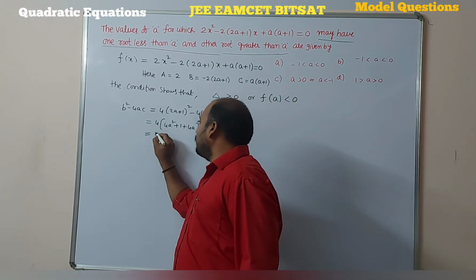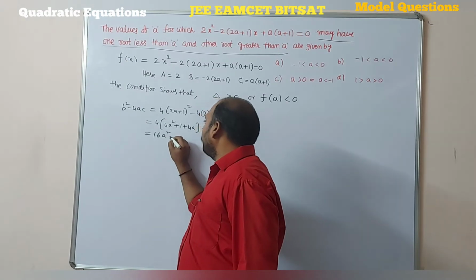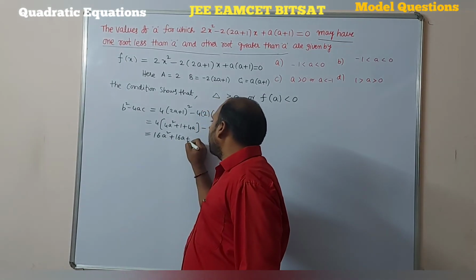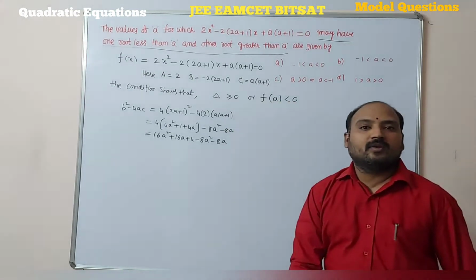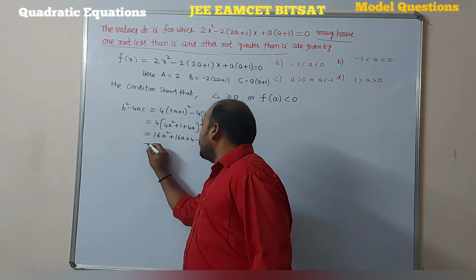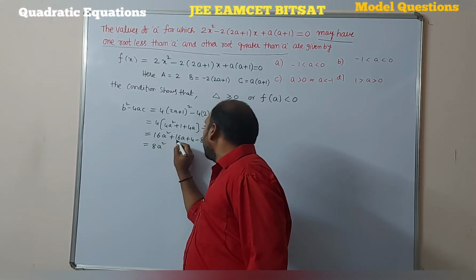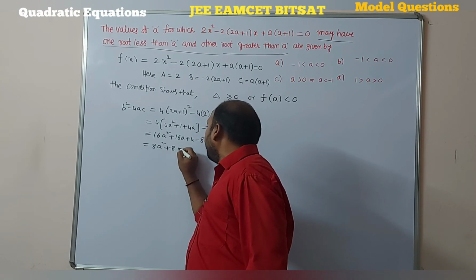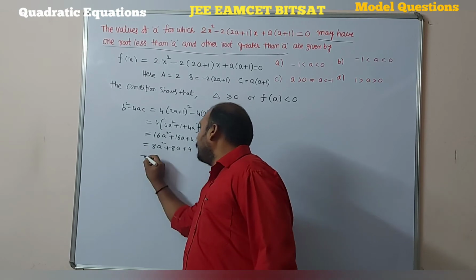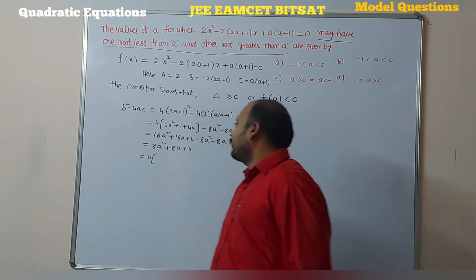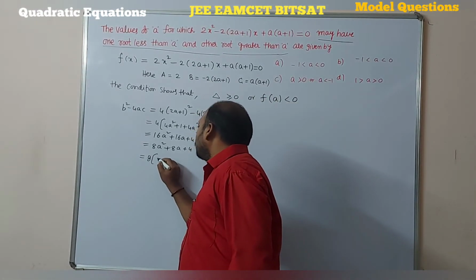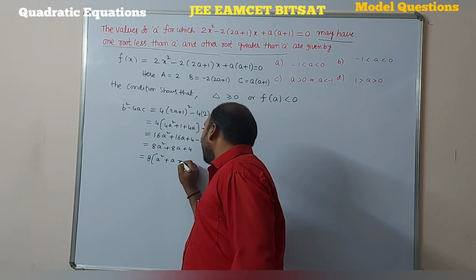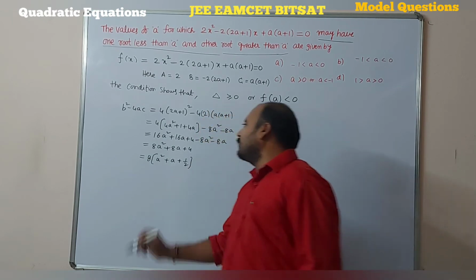Even this simplifies: 16a square plus 16a plus 4 minus 8a square minus 8a. 16a square minus 8a square is 8a square plus 8a plus 4. Take common 8 directly. So 8 into (a square plus a plus 1 by 2), since 4 by 8 means 1 by 2.